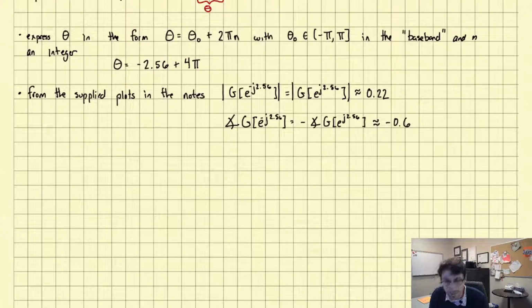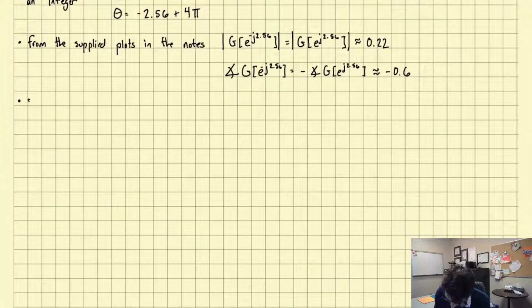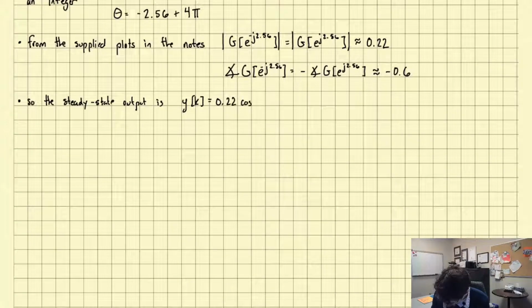And so we're done. We've now got the magnitude change and the phase change, and we've found the steady state output. The steady state output is given by the same input frequency, with a change in magnitude and a change in phase.